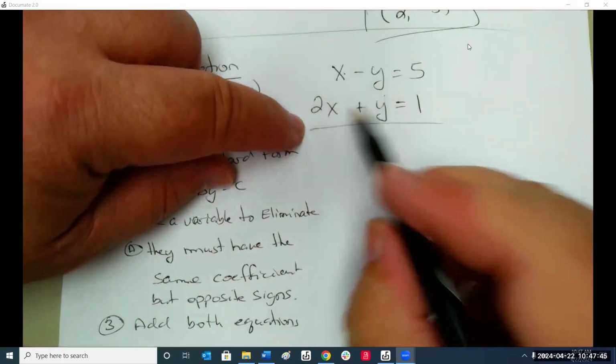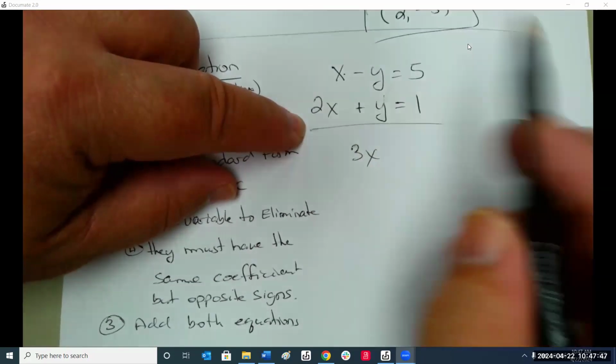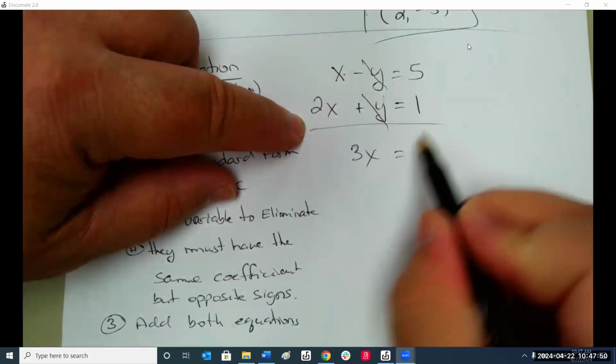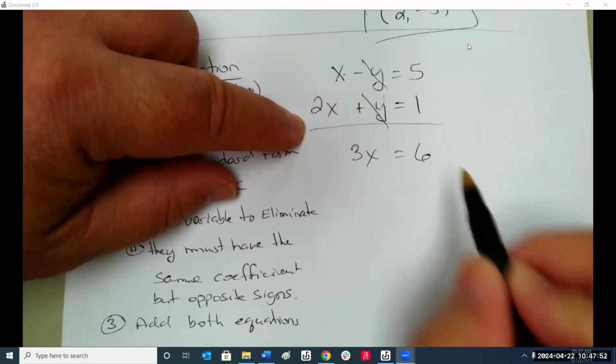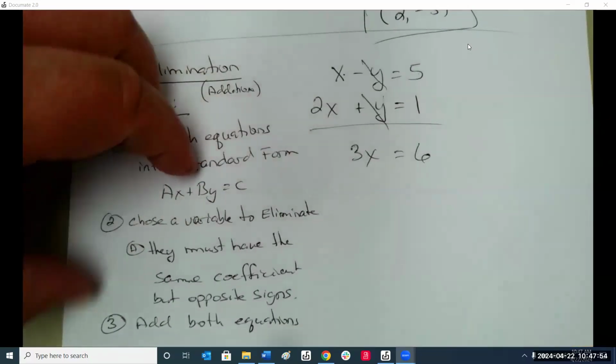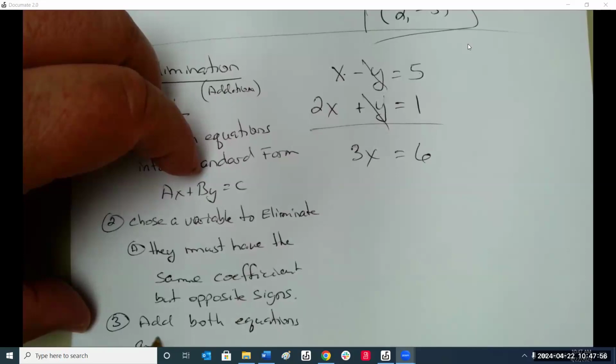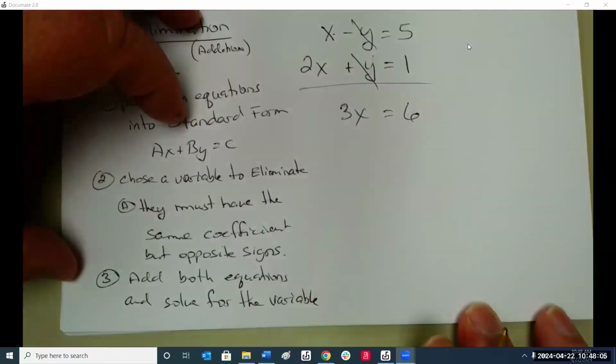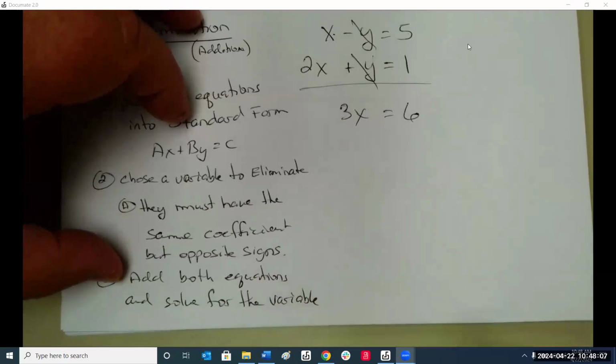So we got x plus 2x is 3x. The y's cancel. 5 plus 1 is 6. So add the two equations and solve for the variable.